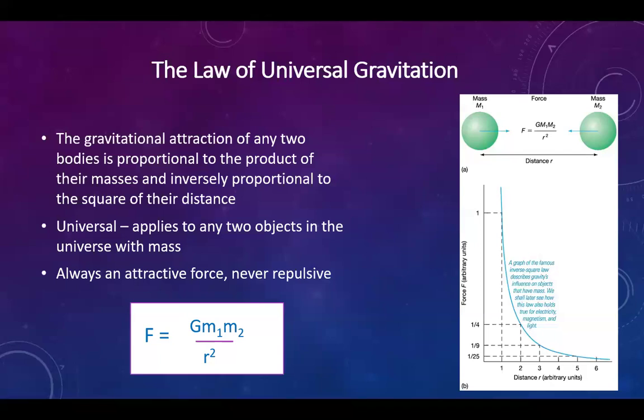Now, in our everyday life, we don't notice the gravitational attraction between random objects because it's actually very weak. But the Earth is really, really big. And so we're attracted towards the center of the Earth because the mass of the Earth is a really big number.